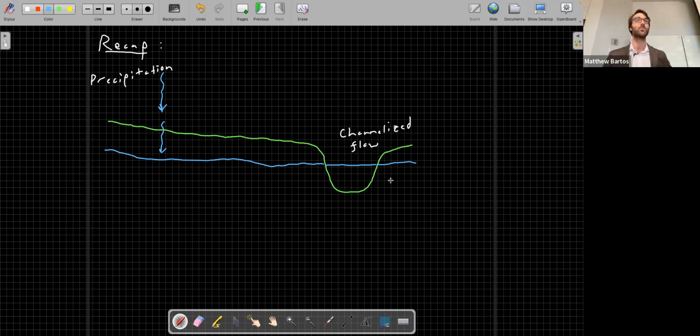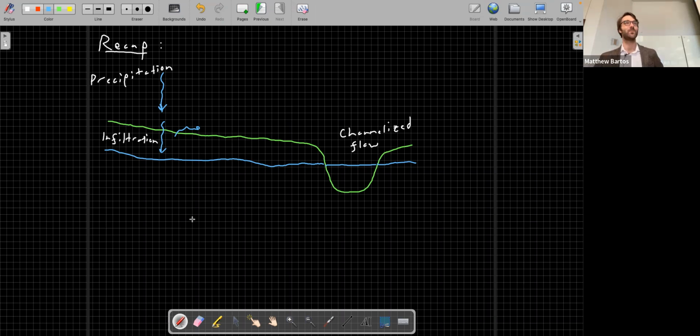The next thing we talked about was the two major parts of the hydrologic cycle we're interested in with respect to stormwater: how much water infiltrates and how much water doesn't infiltrate. What methods do we use to analyze these two quantities? Infiltration excess, saturation excess.